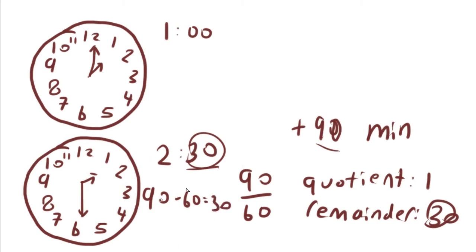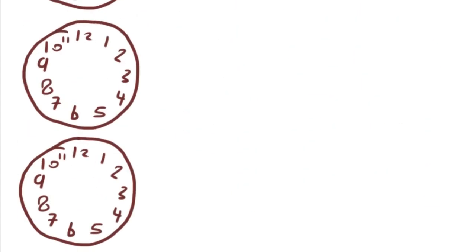I think that's really interesting, that's the process you go through in order to tell time. And you guys probably didn't even know that. So let's try another one, just to show off our modulus prowess, our quotient remainder prowess.